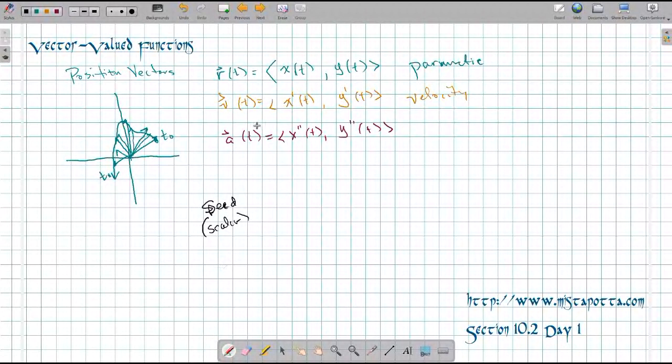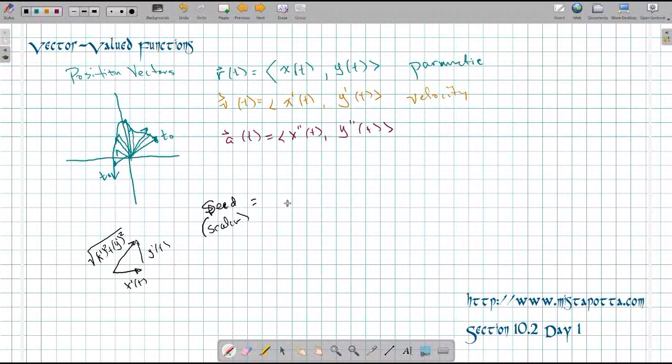And the way we find speed is if I know the horizontal speed and I know the vertical speed, then the actual speed that I'm traveling would be the magnitude of this vector. In other words, the square root of x prime squared plus y prime squared.